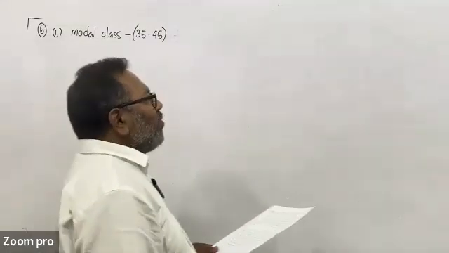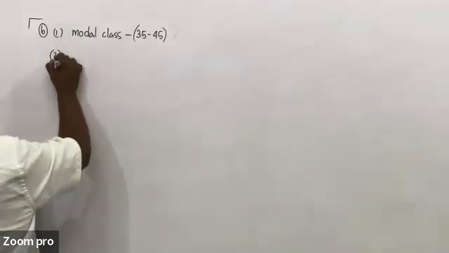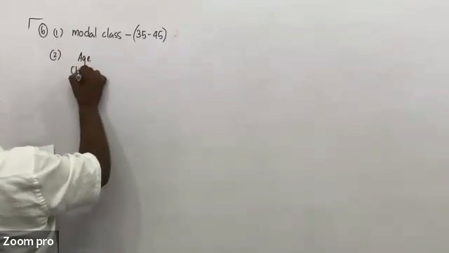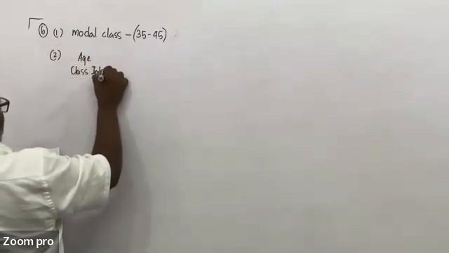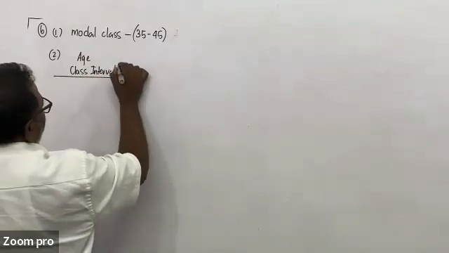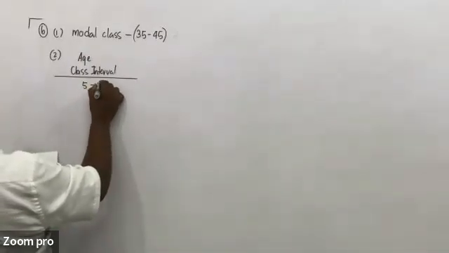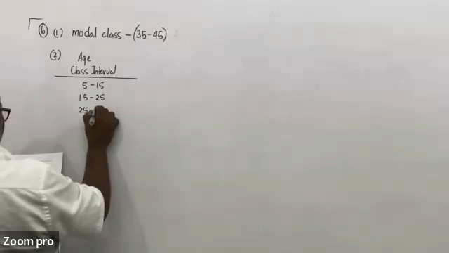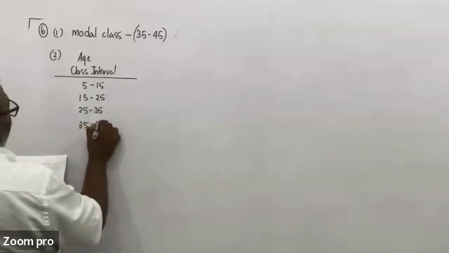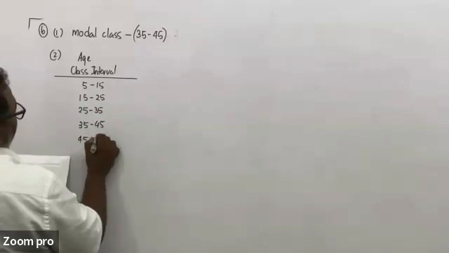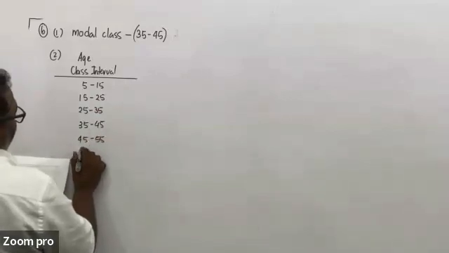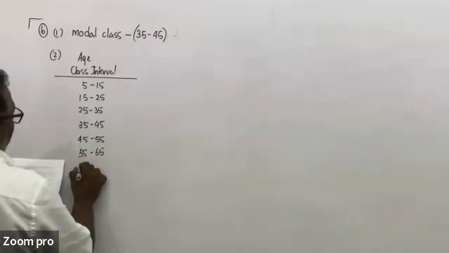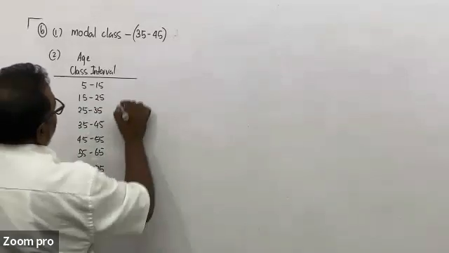So we have to do a frequency distribution table. Let's do that. Age, that is your class interval: 5 to 15, 15 to 25, 25 to 35, 35 to 45, 45 to 55, 55 to 65, 65 to 75.